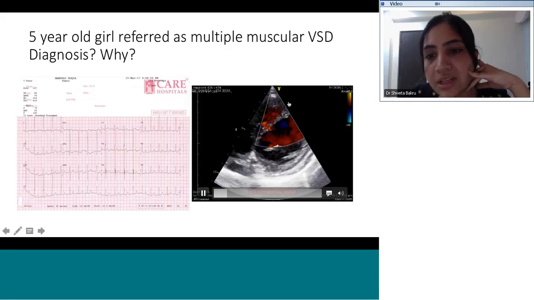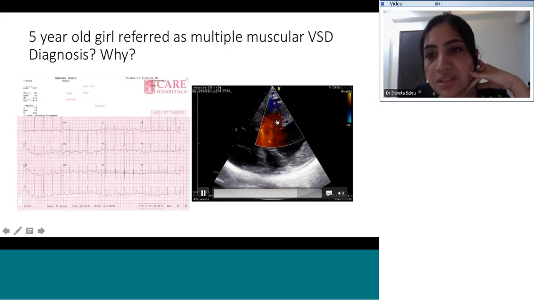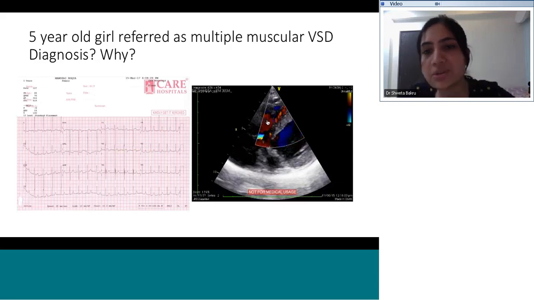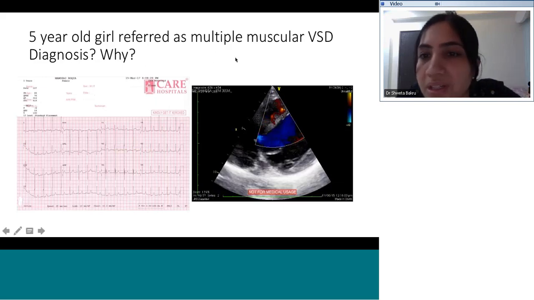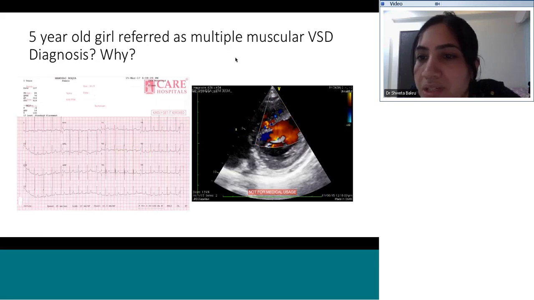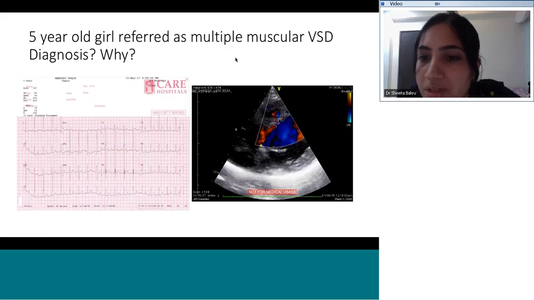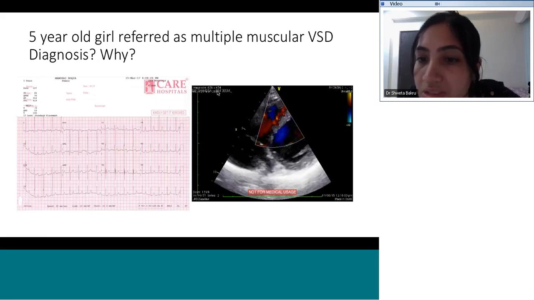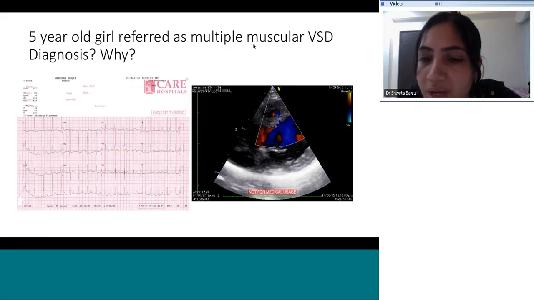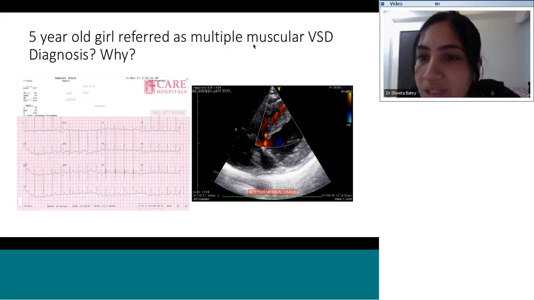And you can see here that there are multiple muscular VSDs. Amitos, tell me one thing. Are you going with this diagnosis that multiple small VSDs together make a moderate shunt? Okay. Sakshi says that the shunt is more and that's why there are LV voltages.